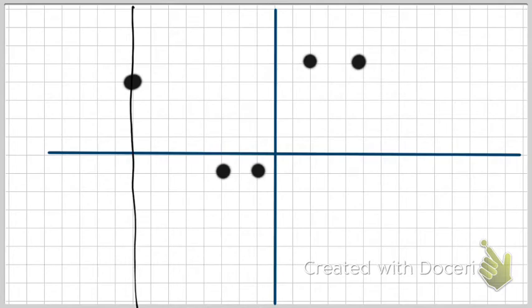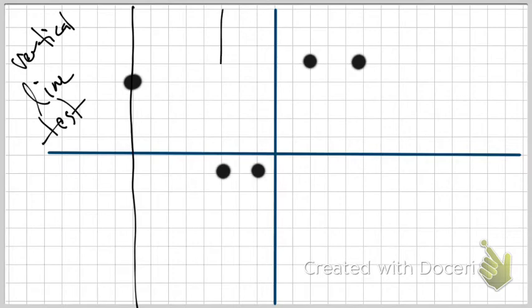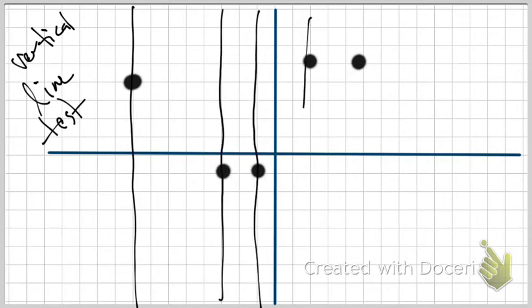I'm also showing you what's called the vertical line test. If x only has one y value, a vertical line should only pass once through a point. You see there's nothing on my graph that I can get my line through twice vertically. That satisfies each domain x having one range.